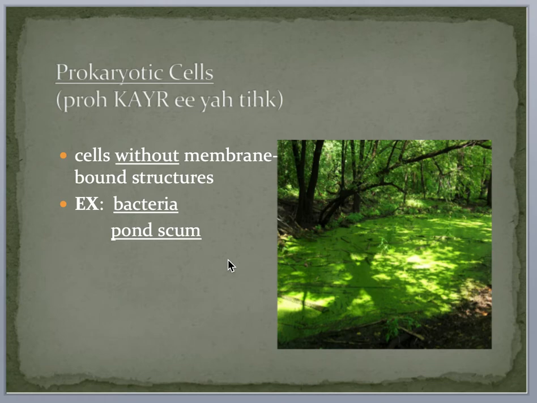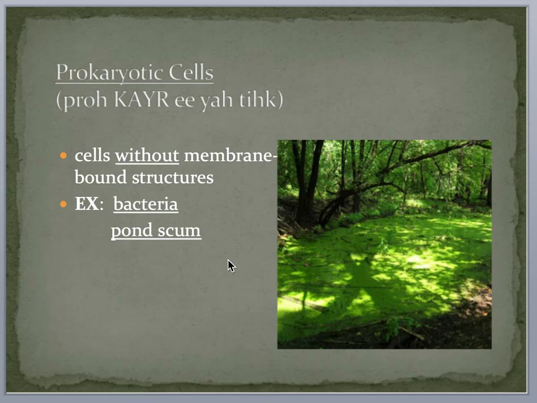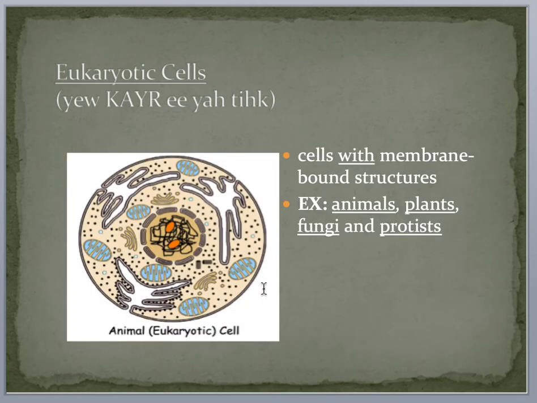Prokaryotic cells are cells without membrane bound structures. For example, some bacteria come here. While eukaryotic cells are cells with membrane bound structures. Some of the organelles present in eukaryotic cells have membrane bound structures, while the organelles in prokaryotic cells sometimes lack them.